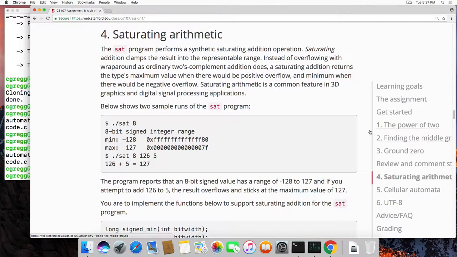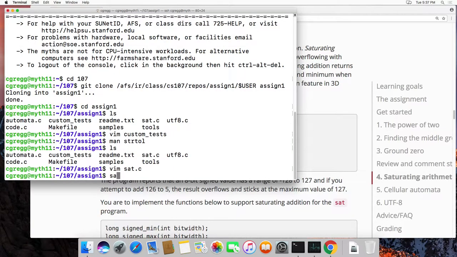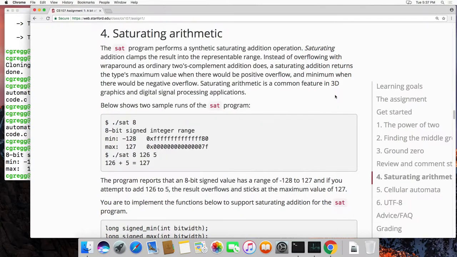In this case, we're actually going to do sat, and then let's say we do 8. By the way, you can test all this on the samples. If I do samples sat solution 8, guess what? It gives you the output like the output over here.